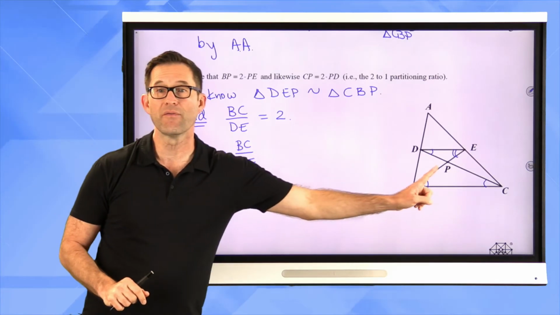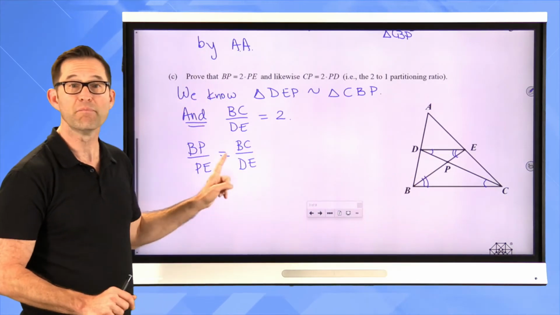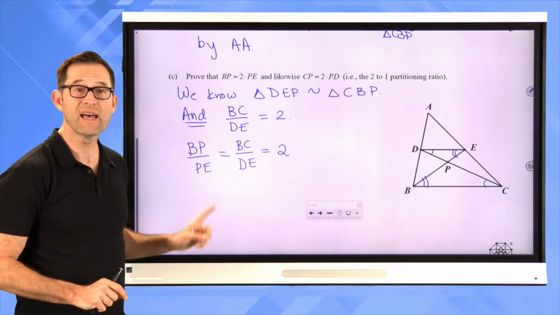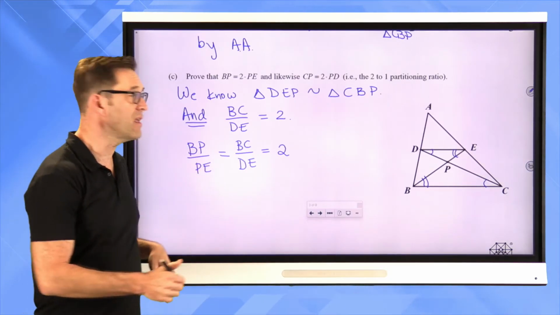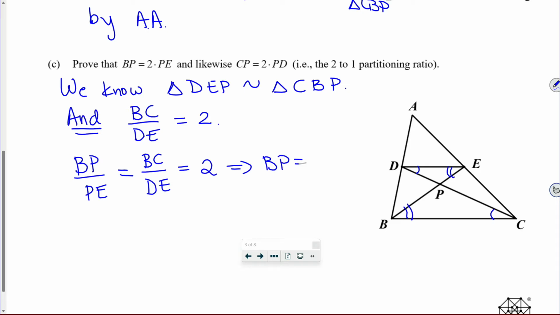So the ratio of that to that has to be the ratio of this to this, but BC to DE is 2. And that literally says BP is twice PE, right? I could then rewrite this BP equals 2 times PE.